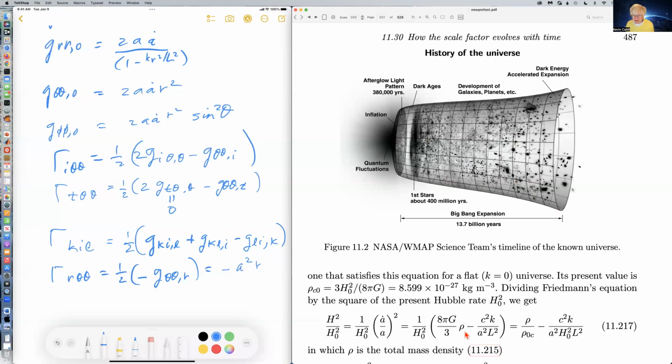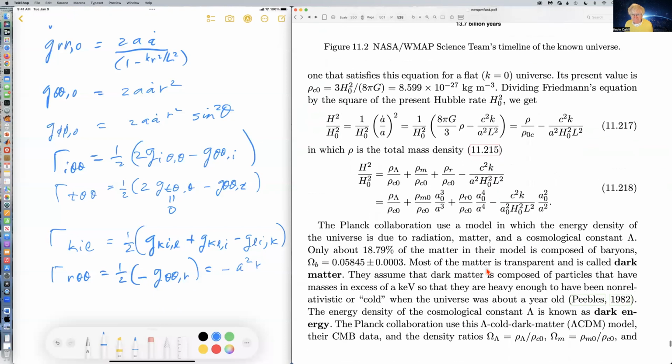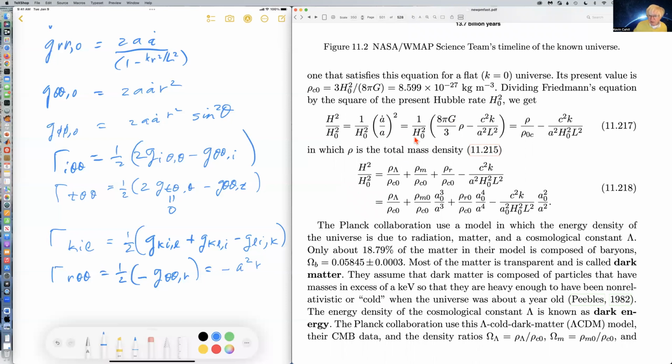In any event, if we divide the Friedmann equation by the square of the Hubble constant, we get this expression here.